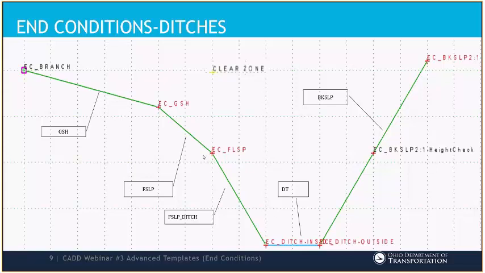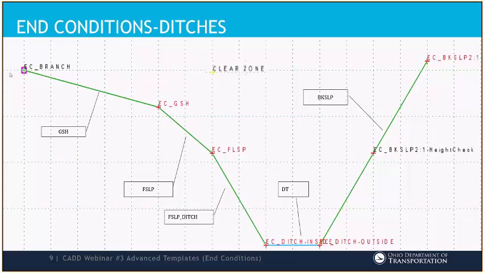So I have a clear zone point in here. Now this clear zone point won't show up in every template. It will be there on the ones where the ditch should start at your clear zone. In those situations, this point would be controlled off of the clear zone point, and then you can just type in your distance here.